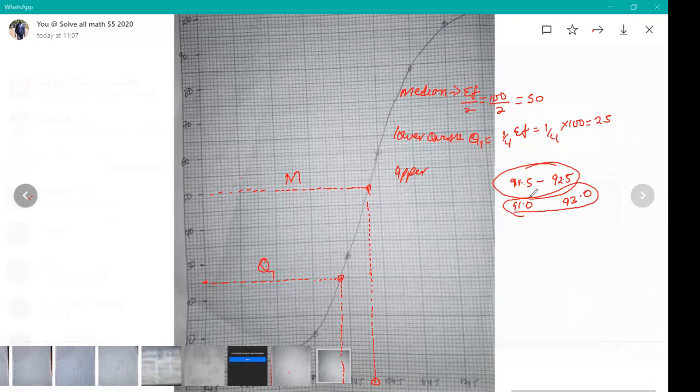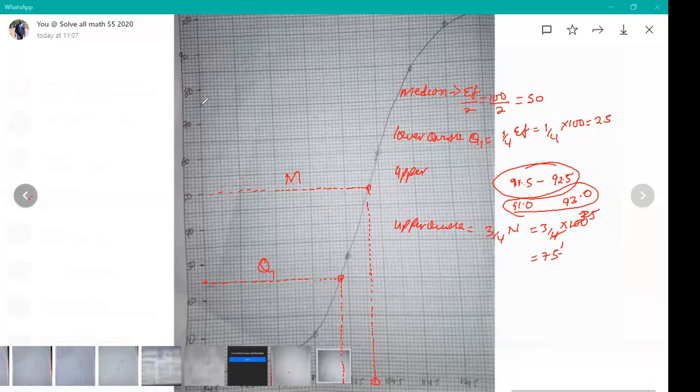The upper quartile is got from 3/4 of n, right? Which gives us 3/4 over 100. By 4 once, by 4, 75, not so? So the answer gives me 75.